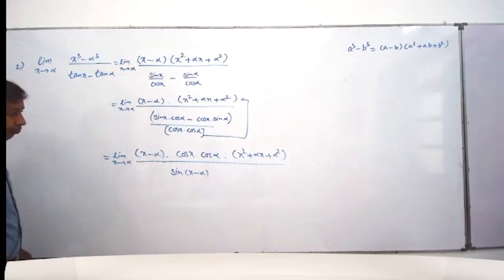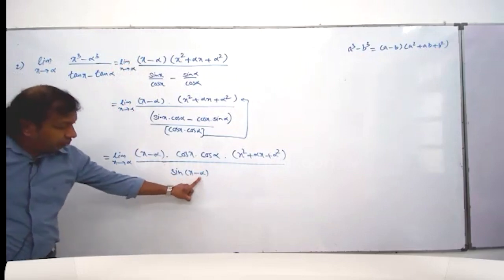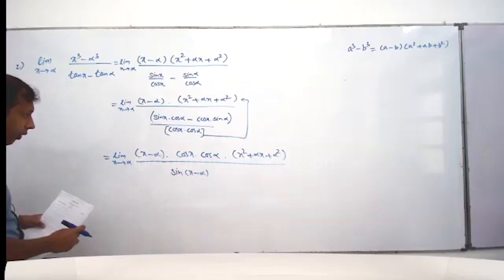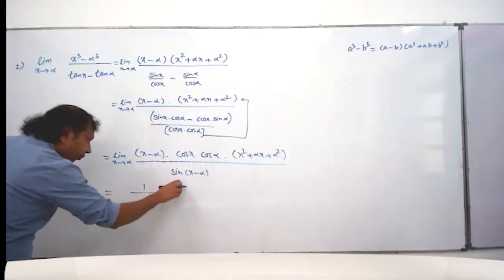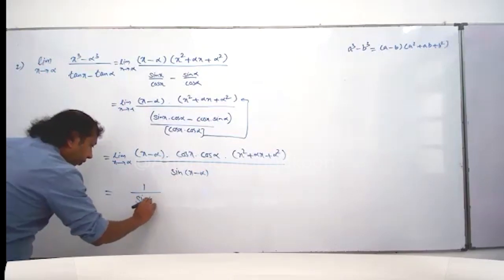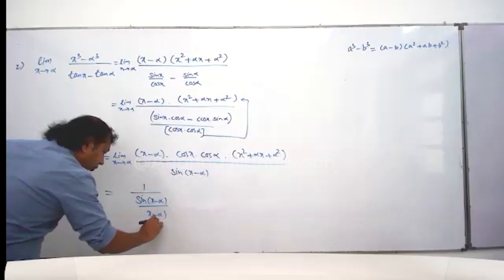Right. Now this x minus alpha part you can take to the denominator of this. Then I can write 1 upon sine of (x minus alpha) divided by (x minus alpha).